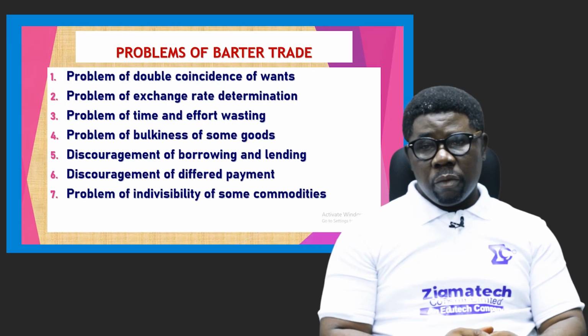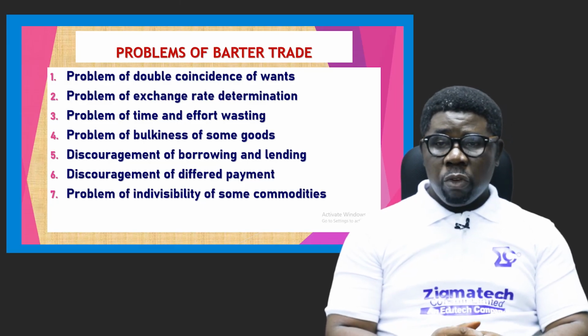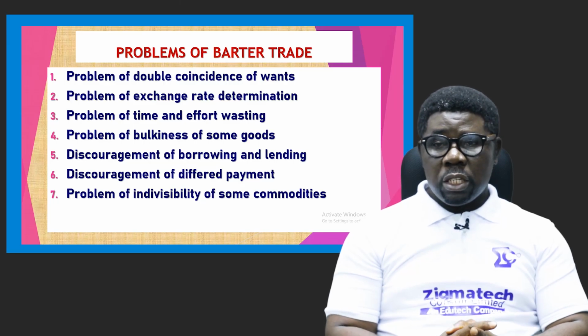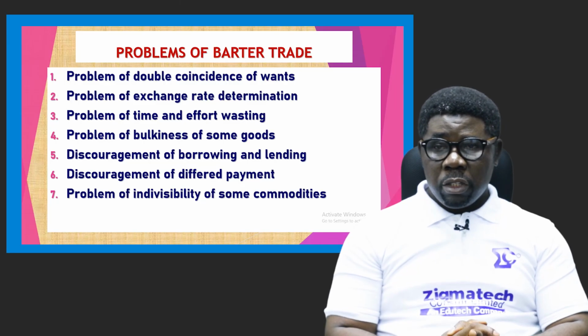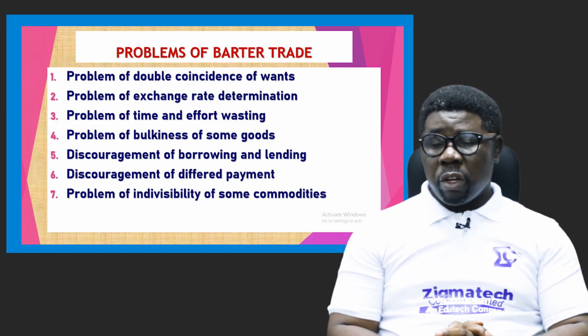Now, the bartering system encountered some problems and also made it difficult for trade to go smoothly. And so this we can explain in some detail. Number one of the problems included double coincidence of wants. What does it mean?